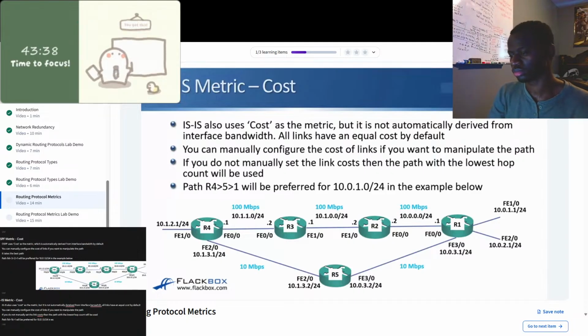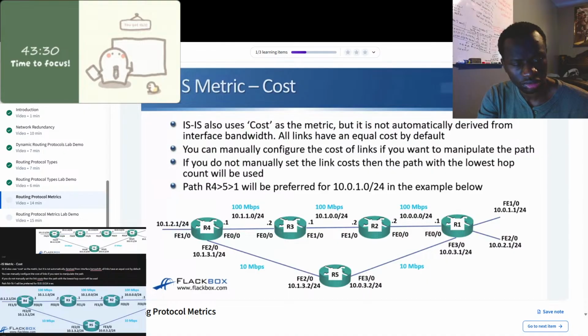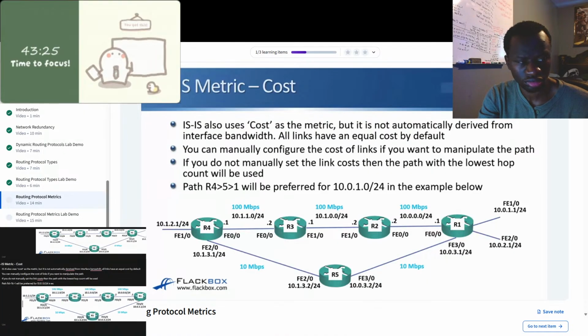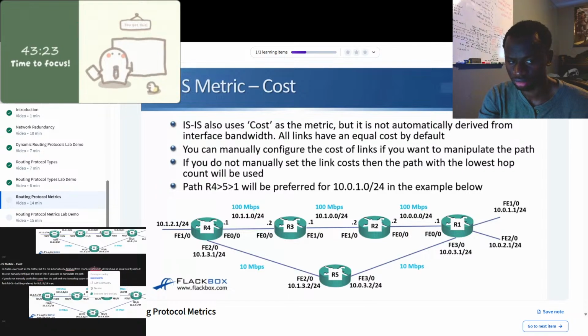All links have got an equal cost by default. So if you want to force a particular path to be used in ISIS based on which path has got the best bandwidth, you're going to have to manually configure that. It's not going to do it automatically like OSPF does.